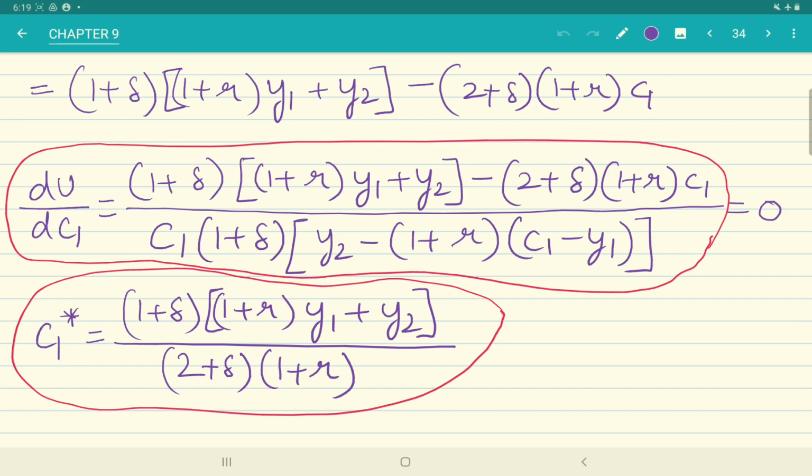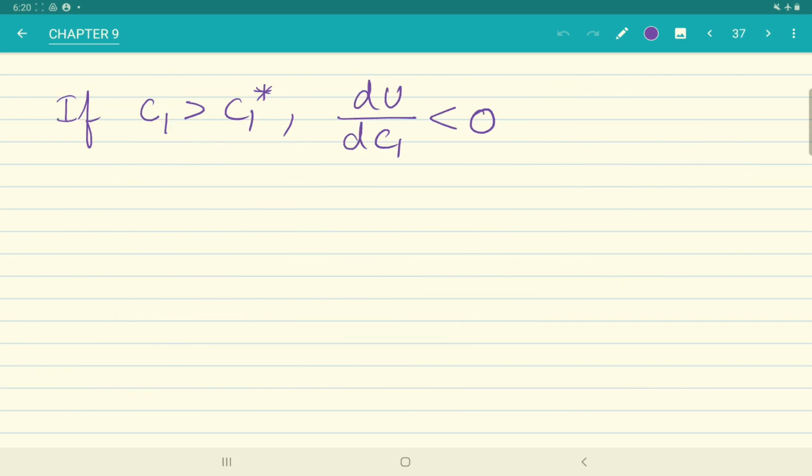If C1 is greater than this expression, then clearly du by dc1 is going to be less than 0. And also if C1 is less than this expression, C1 star, then du by dc1 is greater than 0.